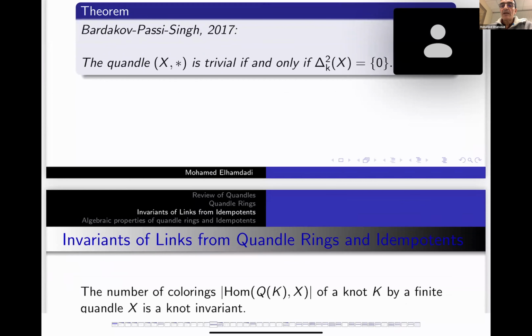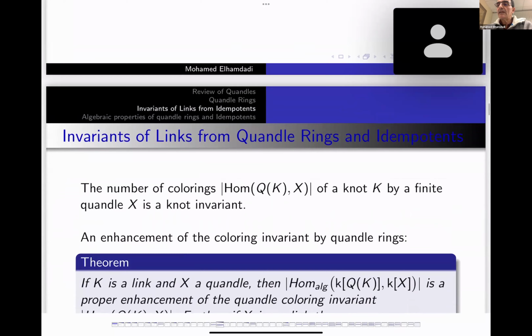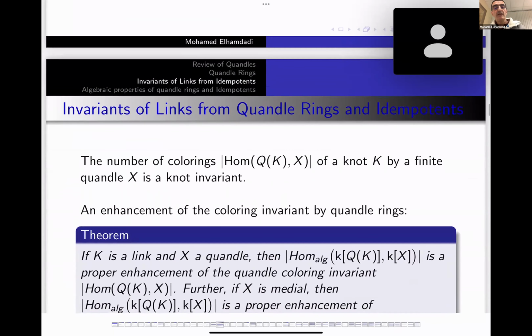Okay, now let me talk about invariants of links from quandle rings and idempotents. The number of colorings of knots by a finite quandle is well known to be an invariant. Basically, you consider quandle homomorphisms from the fundamental quandle of the knot to your fixed quandle X, and you consider the cardinality. Now, this can usually be done on a computer.